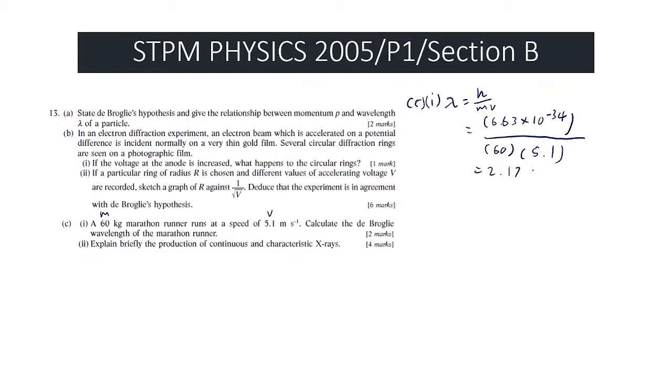I get 2.17 times 10 to the negative 36 meter.